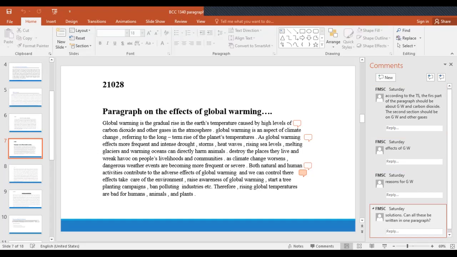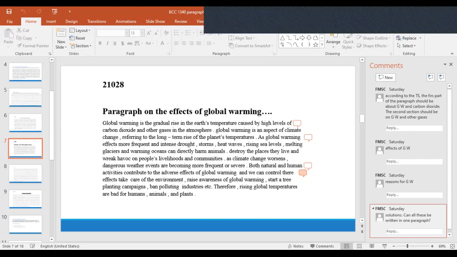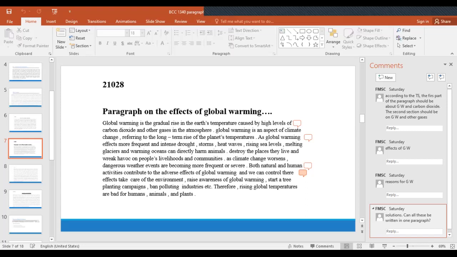And so in such a paragraph, we wouldn't expect you to add the solutions as well. Perhaps you can use a separate paragraph and write on the solutions for global warming instead of including that in this particular paragraph itself, right?